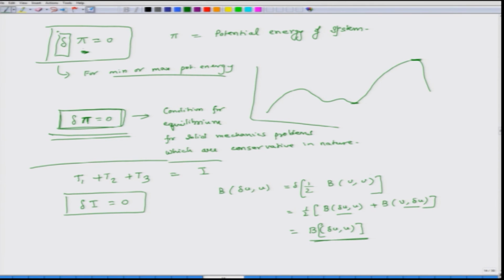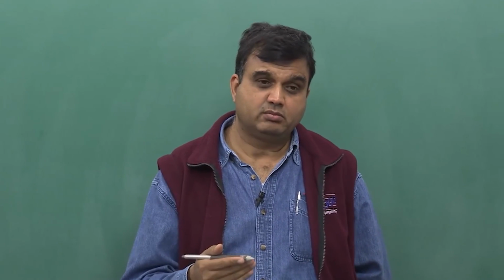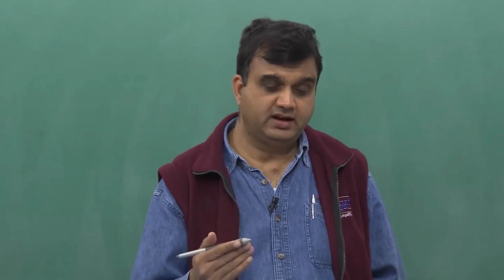So, this criteria is valid only if B is bilinear and it is symmetric. There may be situations, probably not in context of this course, that B may be symmetric, but not necessarily bilinear.